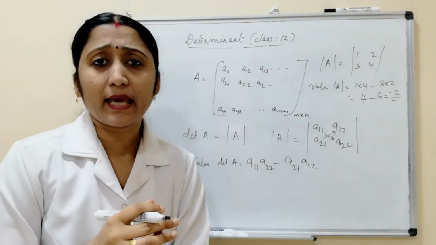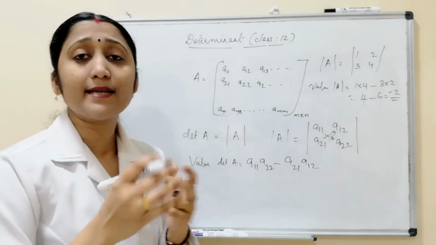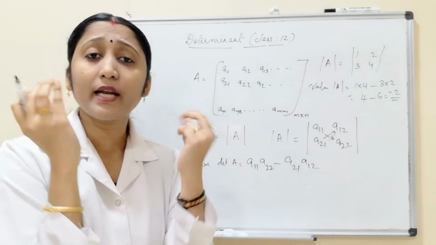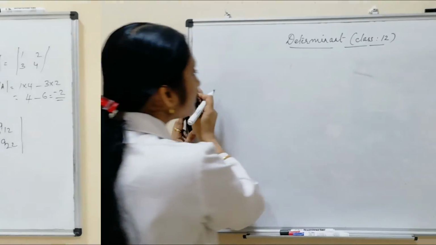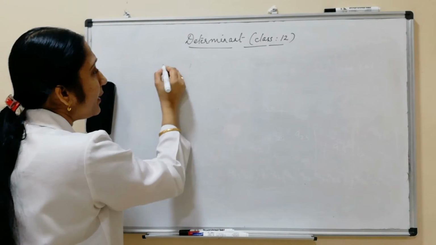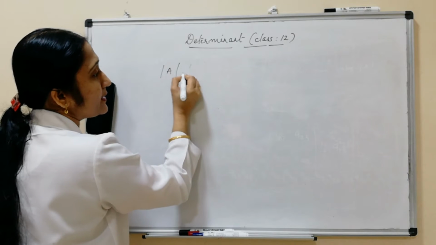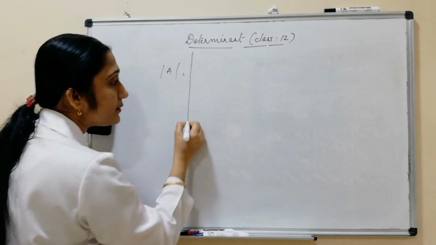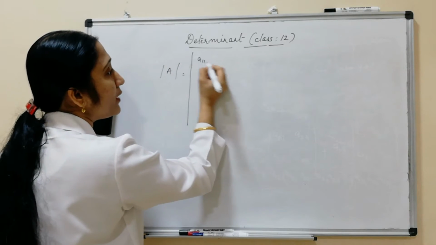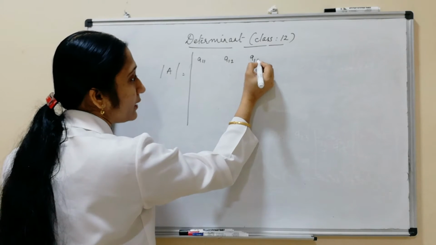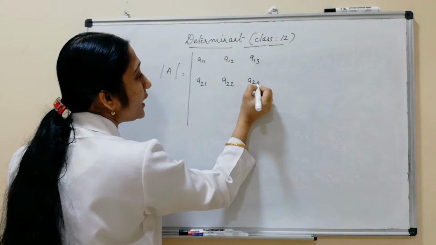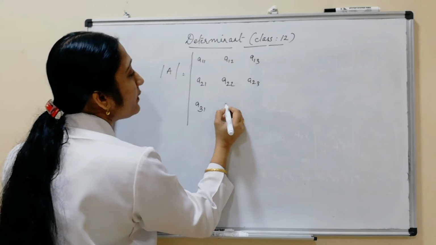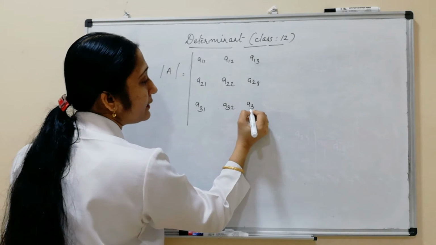In the case of a 3 by 3 determinant, how do we find the value? Let us see. The determinant A is written as an order 3 matrix: A11, A12, A13, A21, A22, A23 and A31, A32, A33.